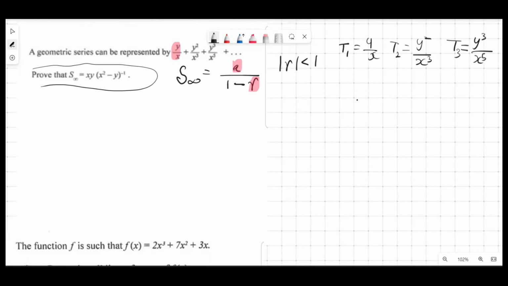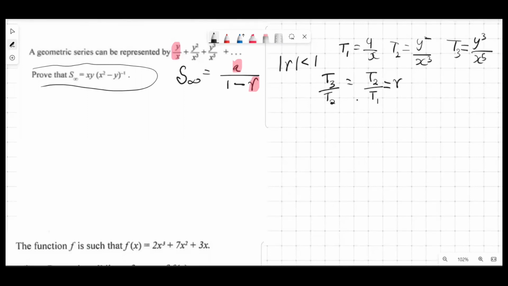Now remember, you're trying to find the ratio, which is R. So it's either term 3 divided by term 2, which is the same thing as term 2 divided by term 1. Both of those would give us R. So you want to just work out any one you want to find R to be substituted, and then the work goes on.